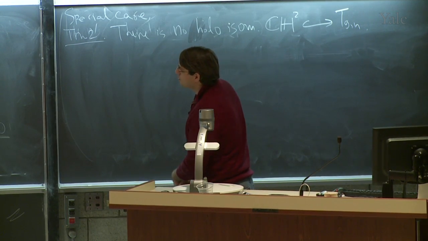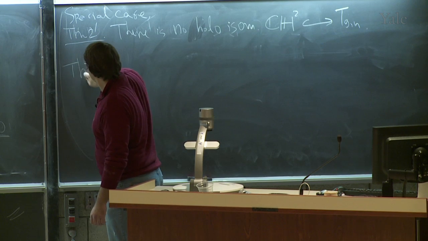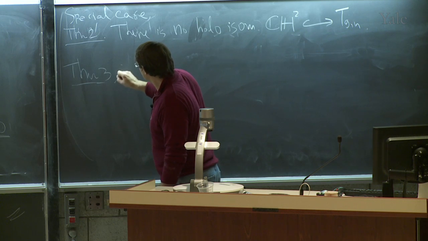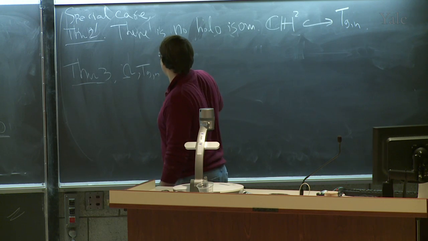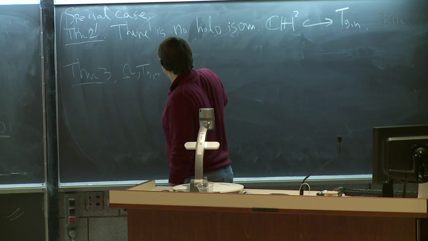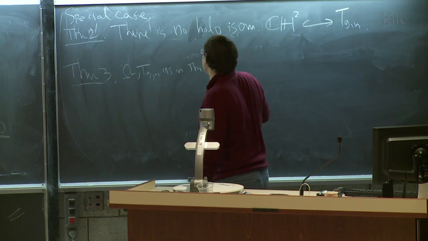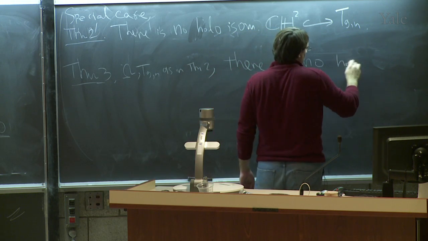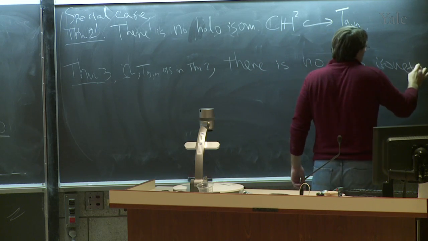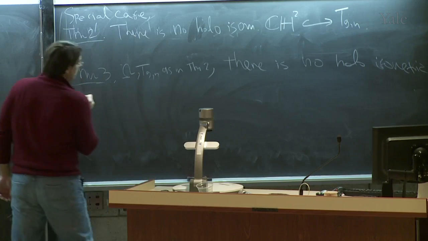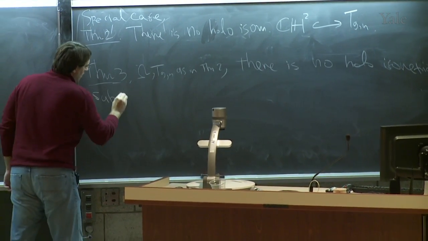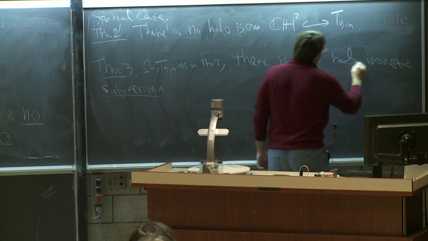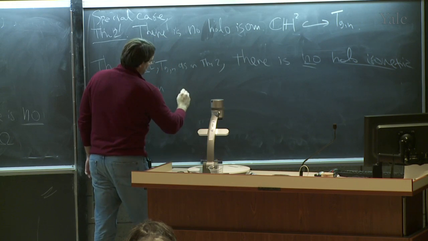And we also prove a similar theorem for isometric submersions. So let me say that, well, if omega and TGN are as in theorem 2, then there is no holomorphic isometric submersion between bounded symmetric domains and Teichmüller spaces.